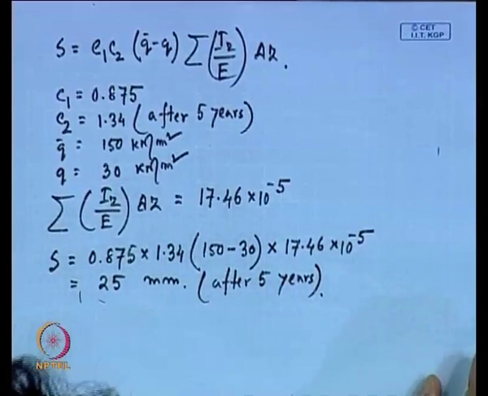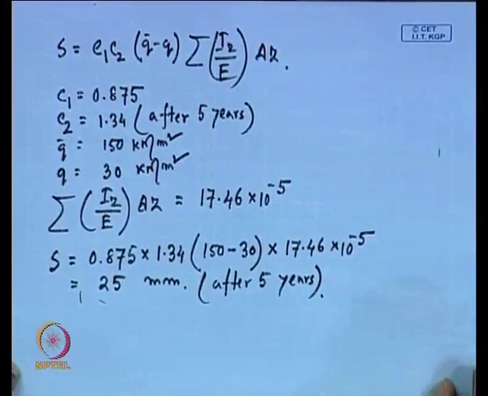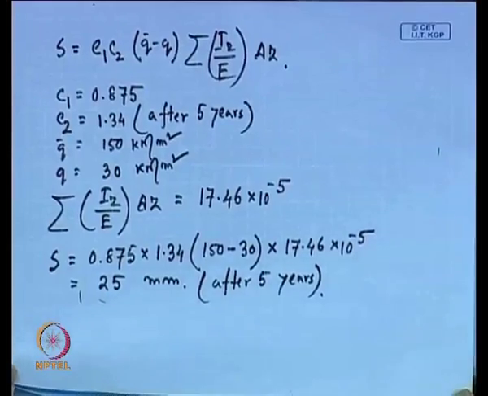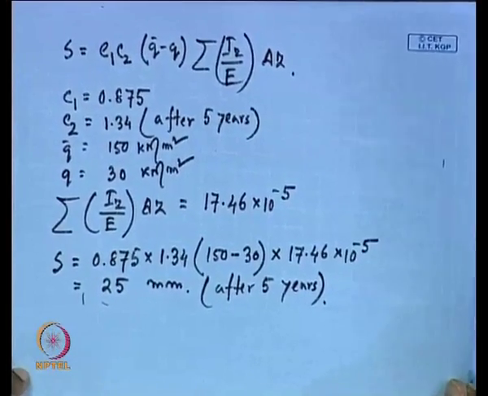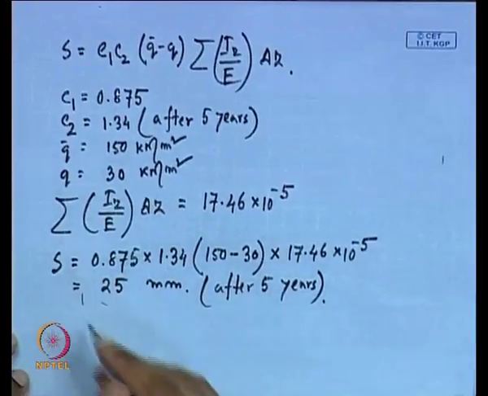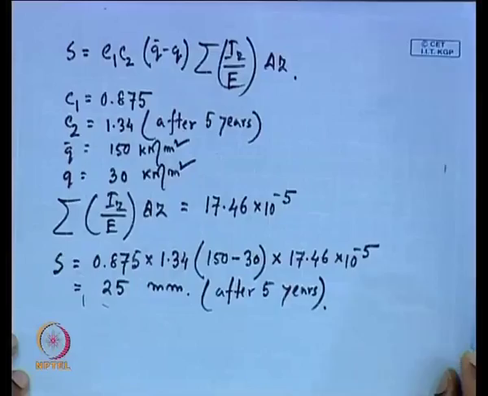So, this is the calculation, and this is the method where we are using the SCPT value and getting the settlement for the granular soil.